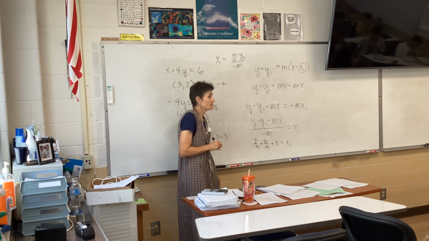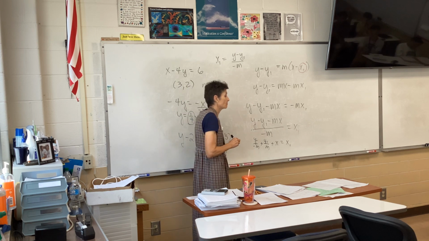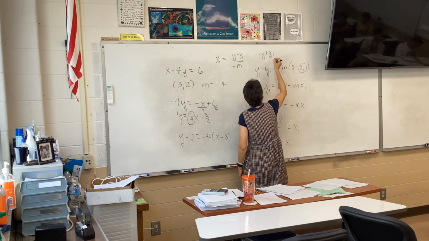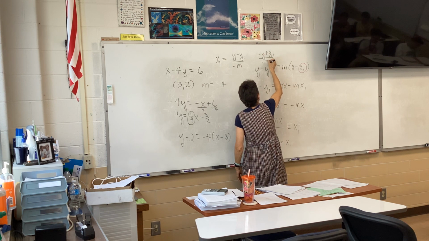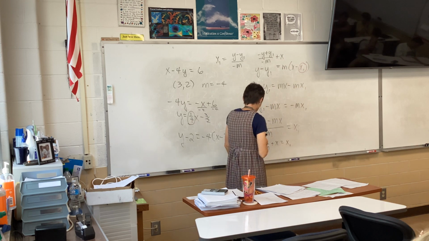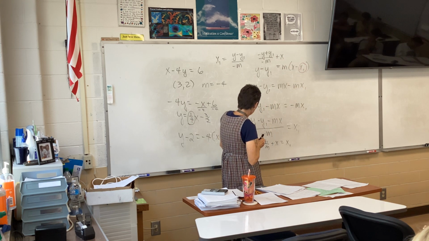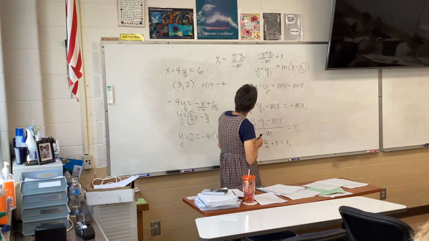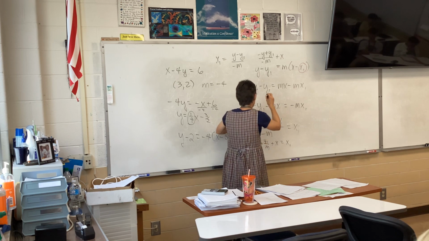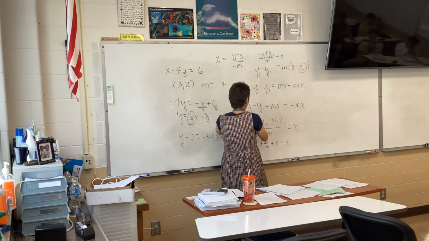All right, Charlie. On that one, I got negative y plus y1 over negative m plus x equals x1, is that right? Yeah, that should be right. So if I mark that wrong, it should be right. Oh, wait a second. No, it's not, because it needs to be y minus y1 over negative m.